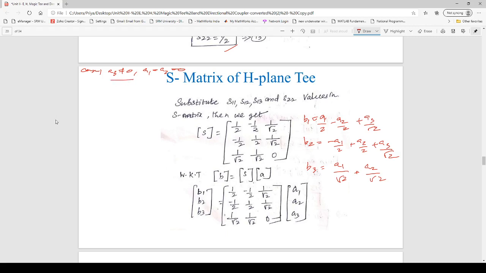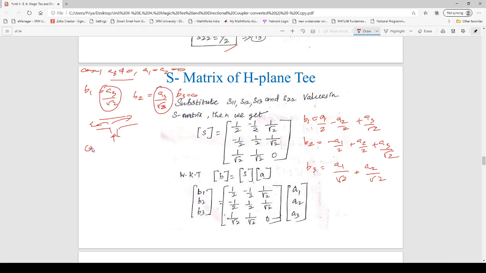So if I substitute in the H plane equations, I will get B1 equal to A3 by root 2, B2 equal to A3 by root 2, and B3 is equal to 0. So what do you understand from that? If I give input at port 3, it is equally dividing into equal magnitude and phase, right.